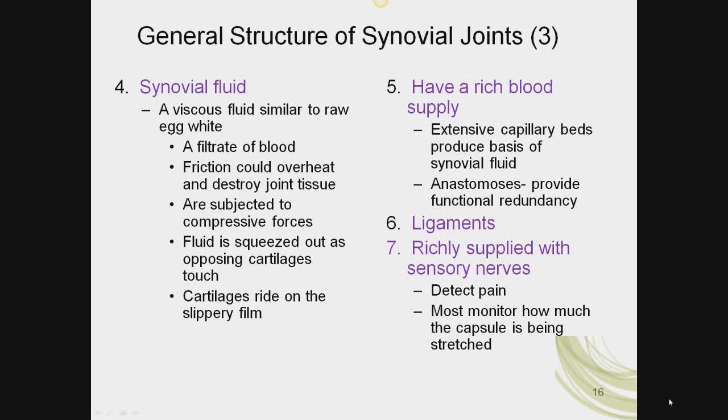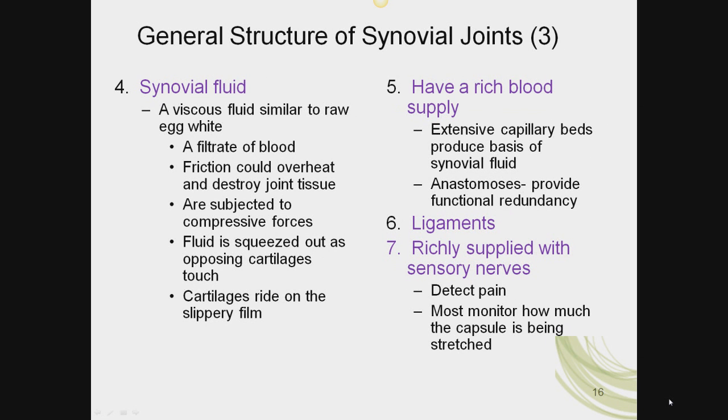Up on the screen, I'm telling you that some joints have anastomoses. That is a redundant blood supply, and a classic example of this would be your hip joint, where you have arteries that envelop or circle around the hip joint. This redundancy allows blood delivery even if one approach to the joint is occluded or blocked in the blood vessel or destroyed.